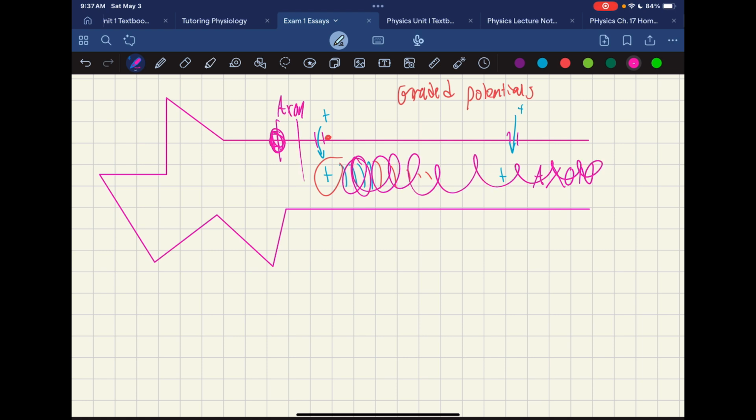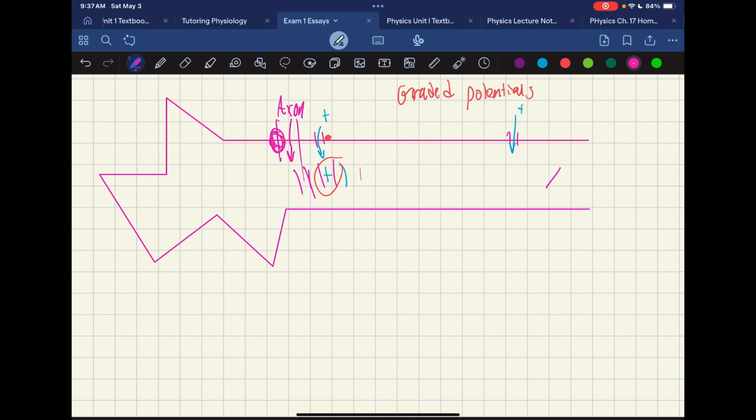If the threshold is reached, an action potential is released, and we have our signal moving over.